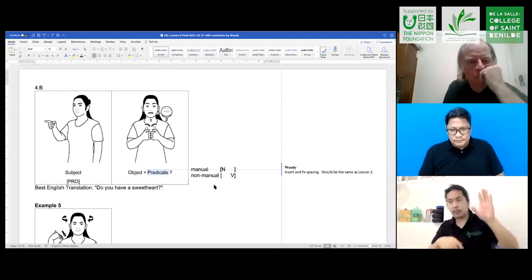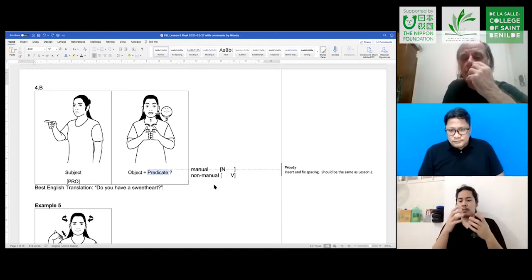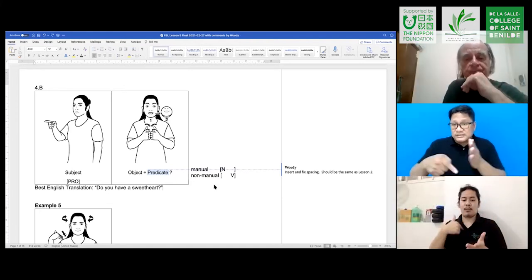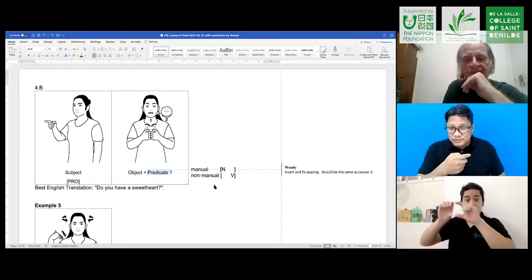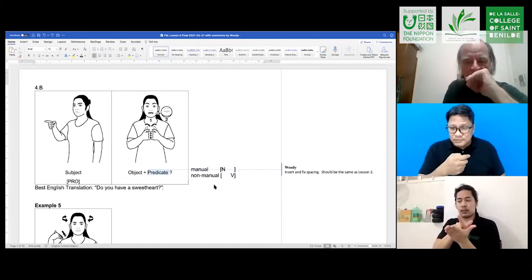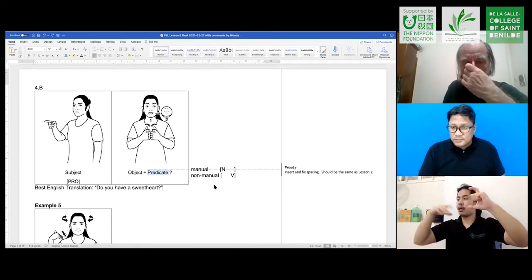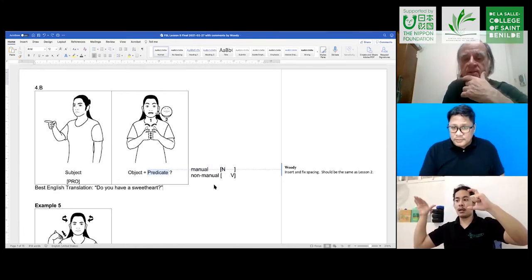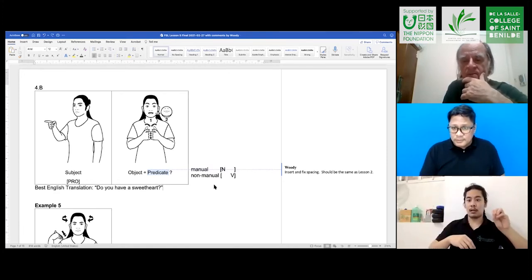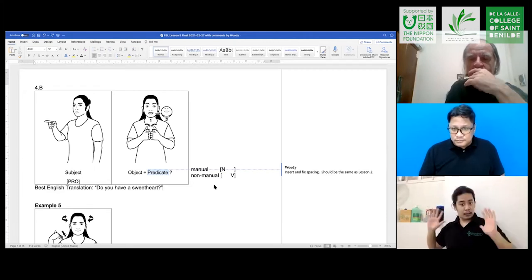Sometimes it's hard to put in. I just want to make sure it's clear though for the future lessons. So manual should be the object, non-manual. Yeah. Yes.